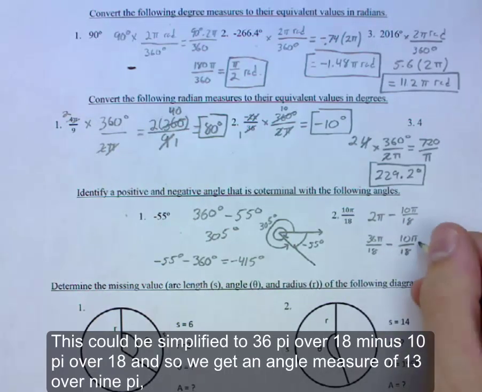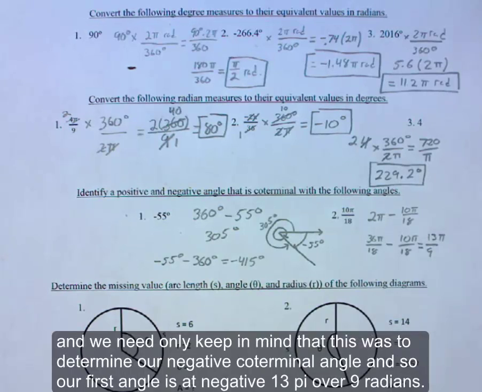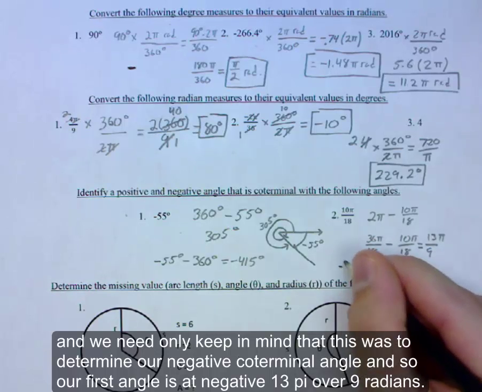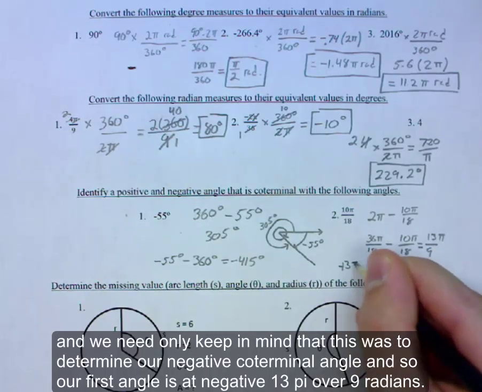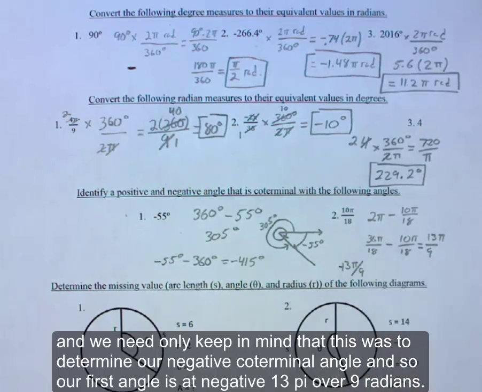And so we get an angle measure of 13 over 9 pi. And we need only keep in mind that this was to determine our negative coterminal angle. And so our first angle is at negative 13 pi over 9 radians.